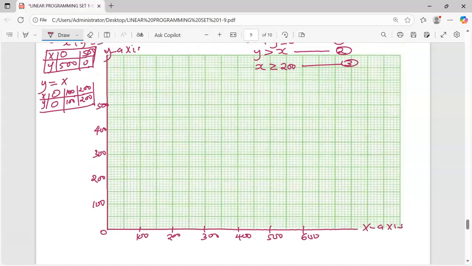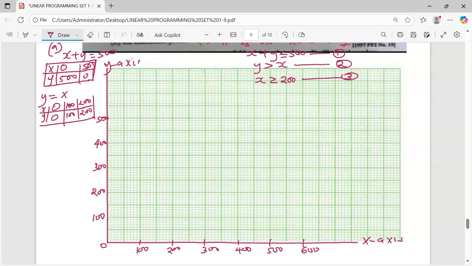So we can now go and start drawing. For the first one, which is x plus y is equal to 500, when x is 0, y is 500 at this point here. And when x is 500, y is 0 at this point.